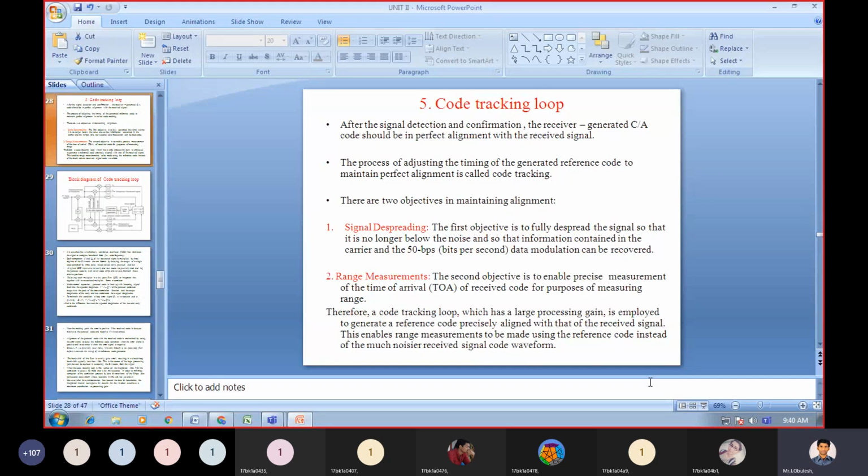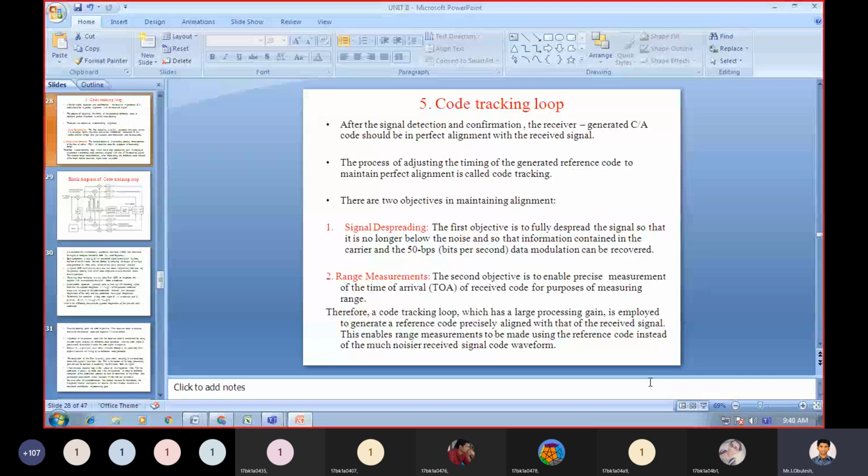The second objective is to enable precise measurement of the time of arrival of the received code for the purpose of measuring range.